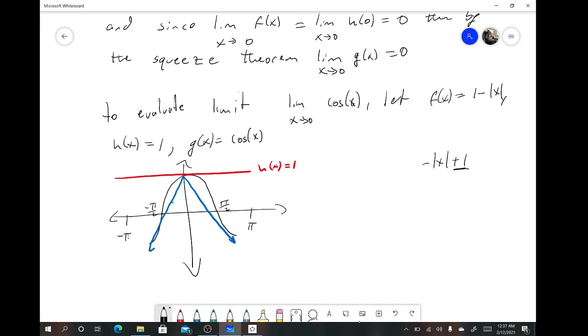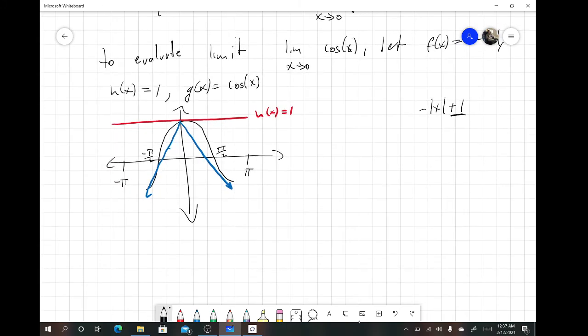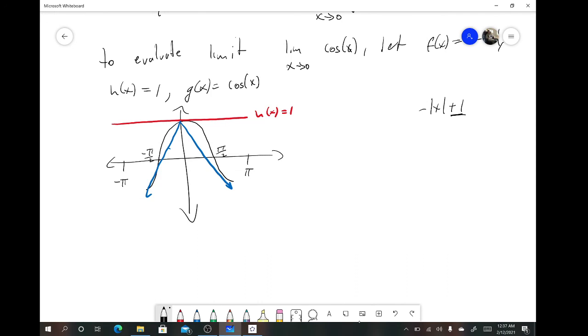So again, we can use the squeeze theorem, because on this interval, negative pi over 2 to pi over 2, notice that the limit as x goes to 0 of f of x is equal to 1 minus the absolute value of x.